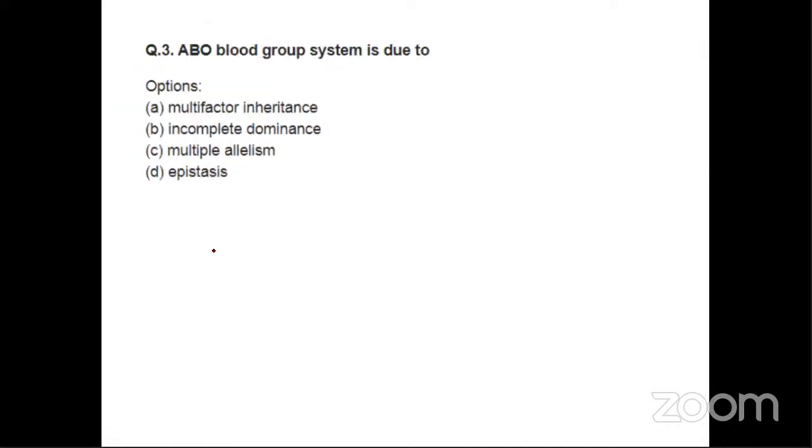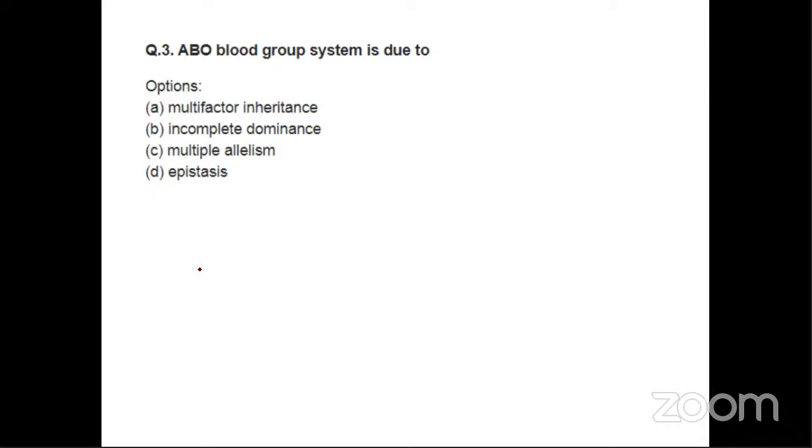Next, ABO blood group system is because of. Very good, Darshini. Correct answer. Kashish, correct answer. Ira, incorrect answer. Beta, read the options again. ABO blood group system. We're talking about ABO blood group system.